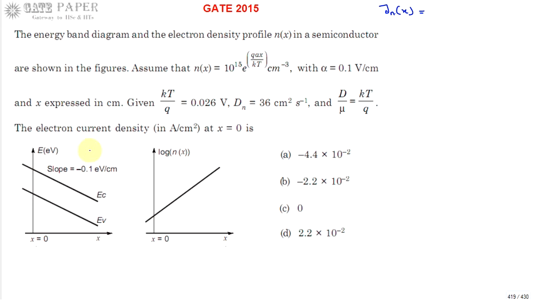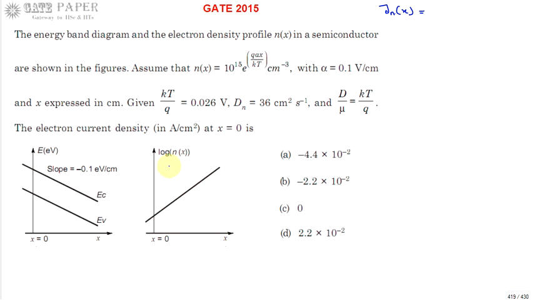If you observe the graph, log of N of x is given, and N of x is e power something. If you take the logarithm, the log and e cancel, and you get a linear graph. As x increases, log N of x increases.